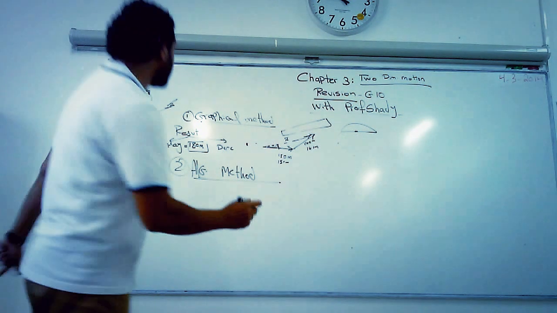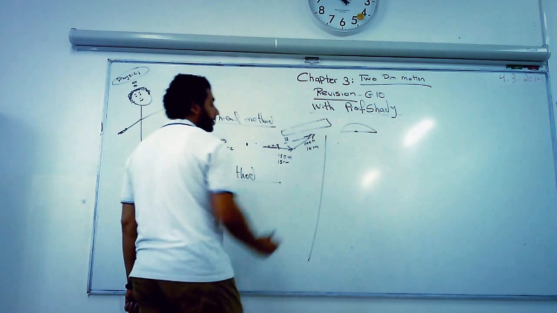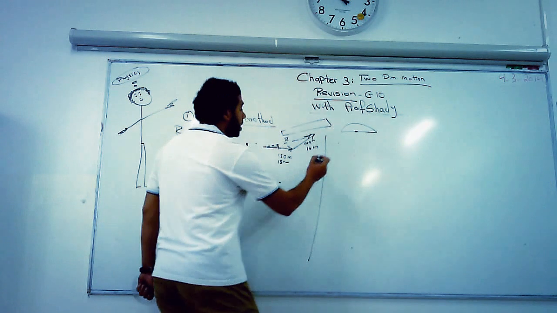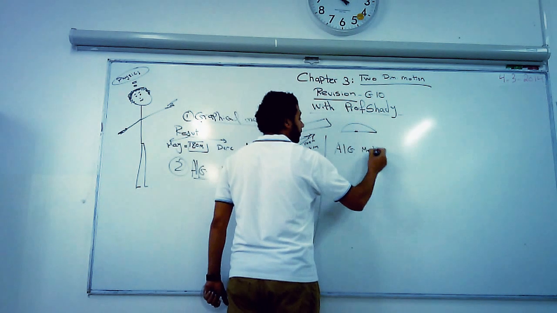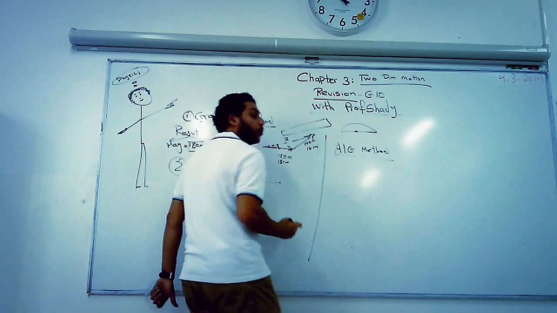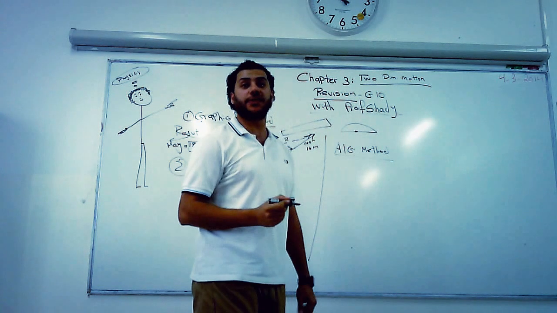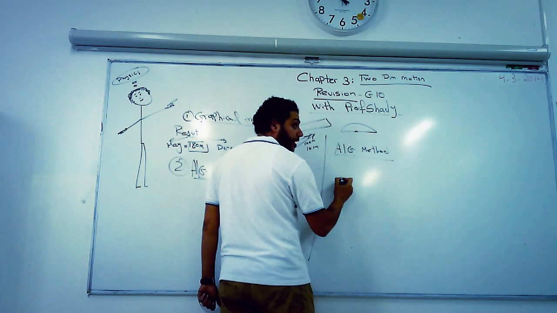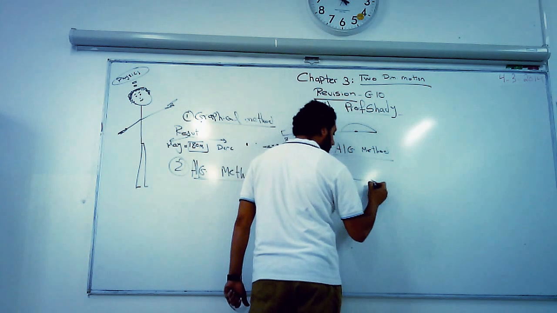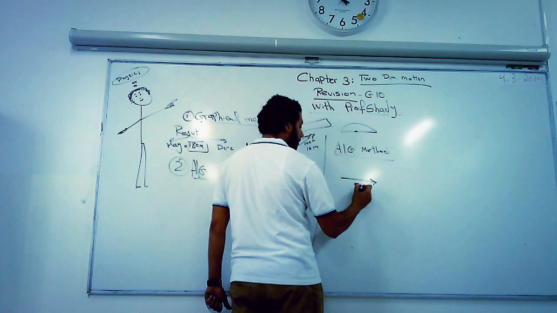The first category, so let's identify the categories here. The first category in the algebraic method is when you have two components and you need the resultant. Suppose that a certain object is moving to the east at 50 meters per second.